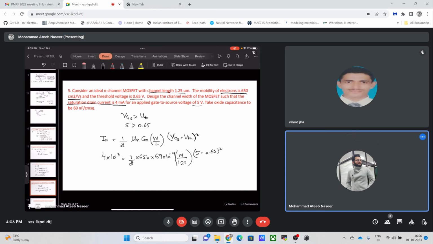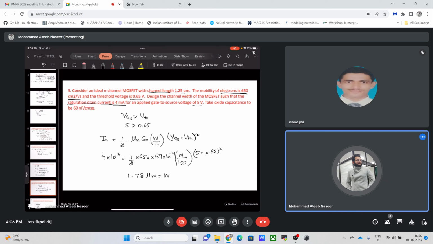If I solve for this, it would simply be 4 times 2, 8, divided by 650, divided by 69, divided by 5 minus 0.65, divided by 5 minus 0.65 again, into 1.25, which is equal to 11.78 micrometer.